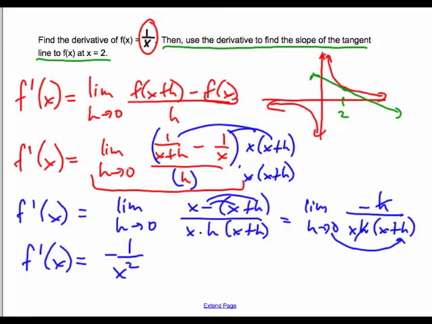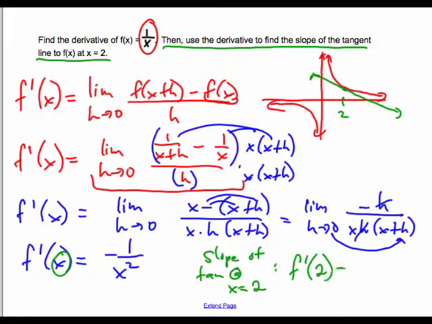So to find the slope of the tangent at that specific point, at x equals 2, I simply place 2 into the formula for the derivative. The derivative is the slope producing formula at any point. In this case, I want to know the slope of the tangent at x equals 2. So it's negative 1 over 2 squared, and the slope is negative 1/4, meaning that the graph at that point in time is dropping 1 unit of y for every 4 units of increase in x.